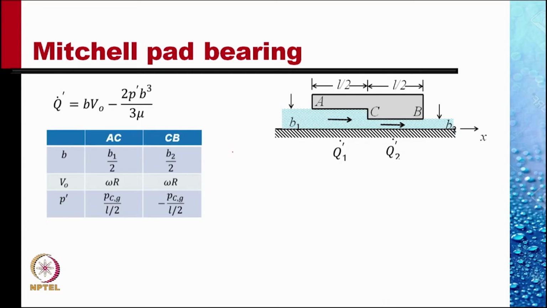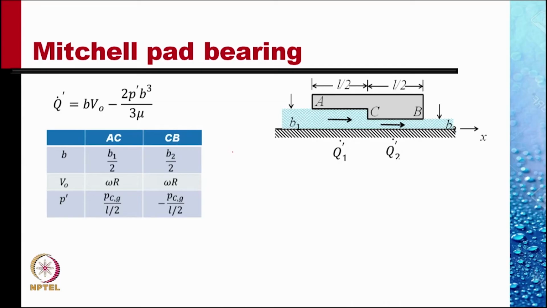We can find out the values of the flow rate q dot prime in 1, and we can find out the value of q2 dot prime for the second part and equate the two. All variables have the known value except for PCG.